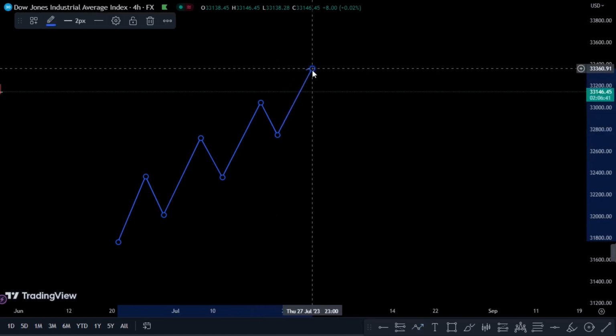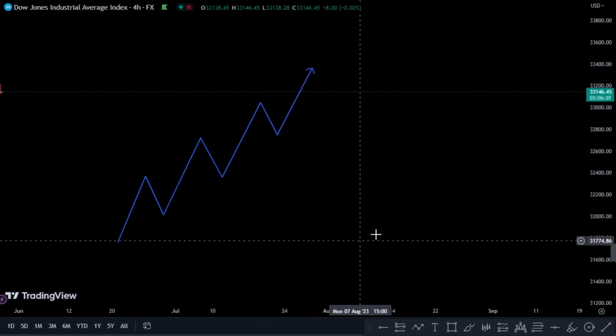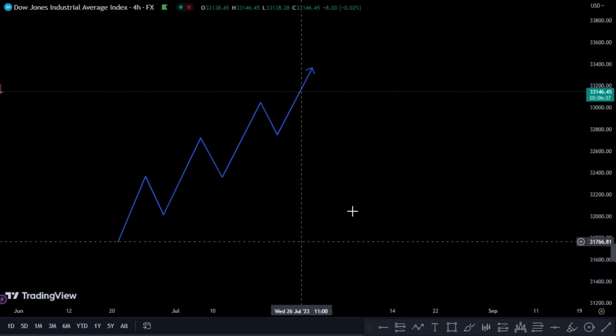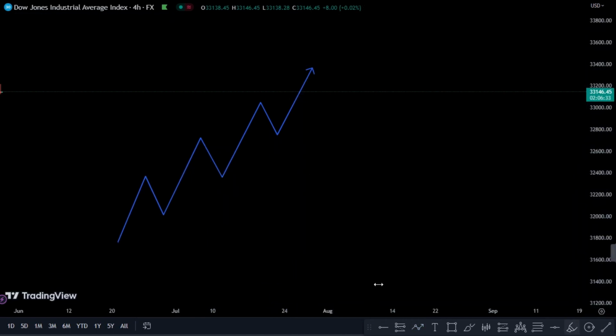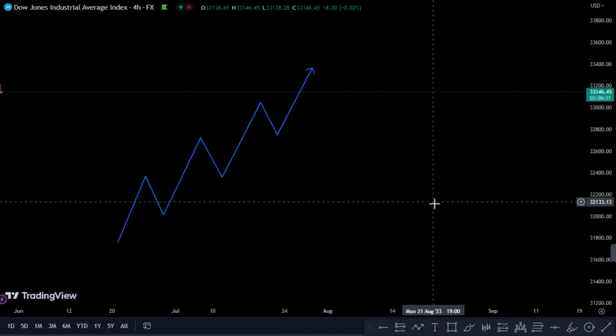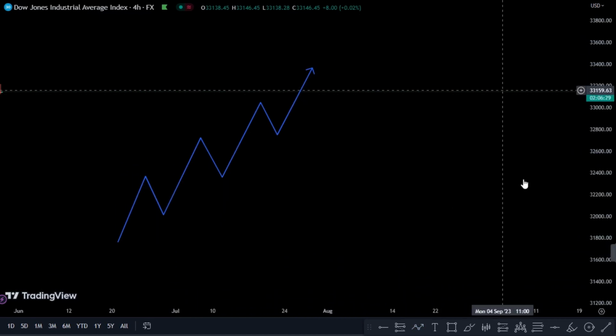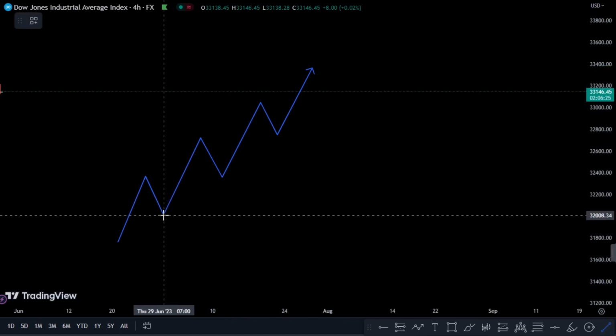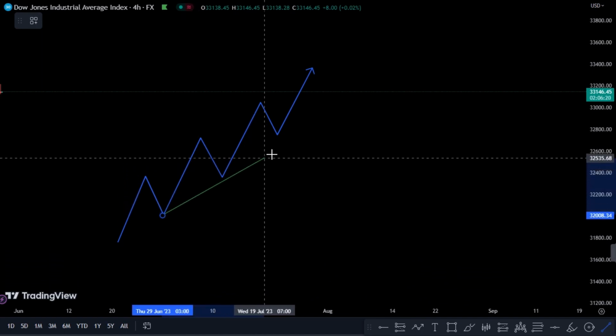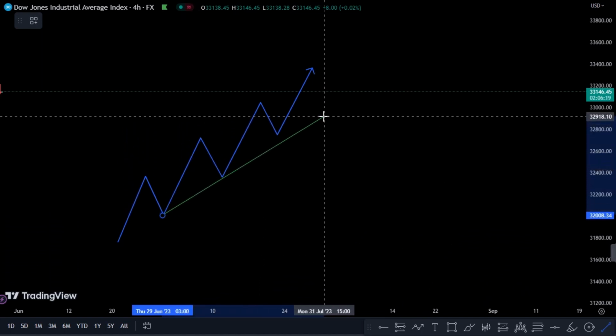That is when the market is indecisive or building up before it takes off. It is also called a correction phase. It's an impulse and then a correction, and then an impulse, and then a correction. It is that phase when the market is indecisive and is not moving up or down.